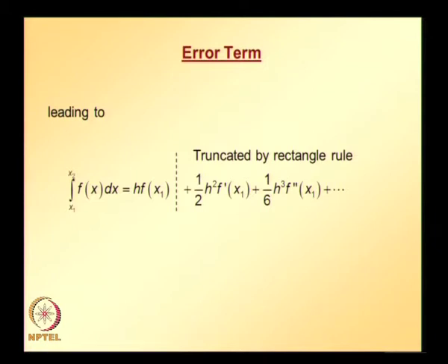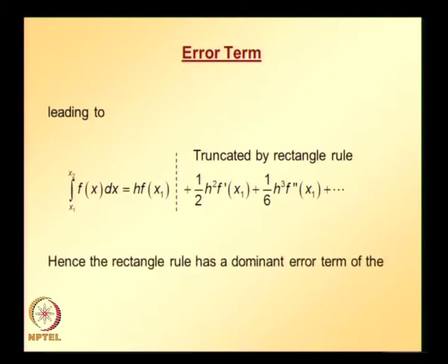The terms that are truncated are shown in the equation. So the rectangle rule has a dominant error term of the form h square over 2 times first derivative of f evaluated at x1. So this is the error associated with the rectangle rule.